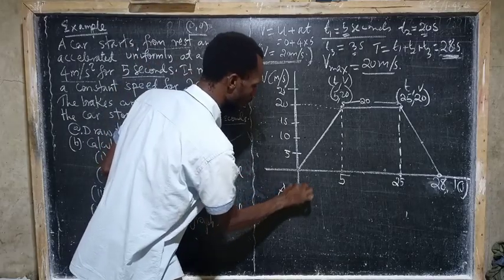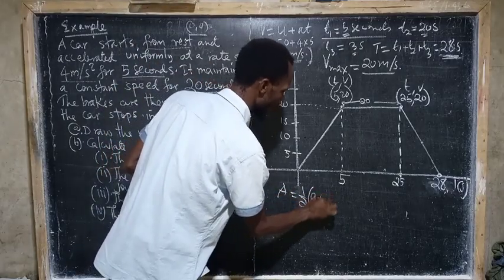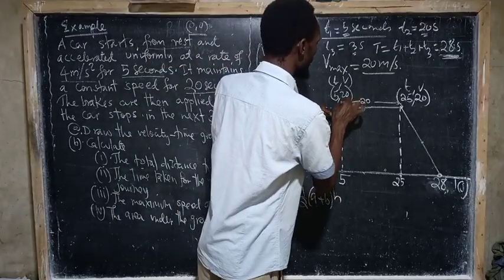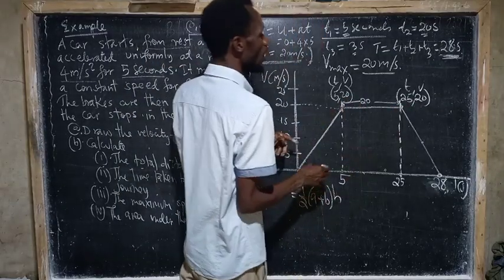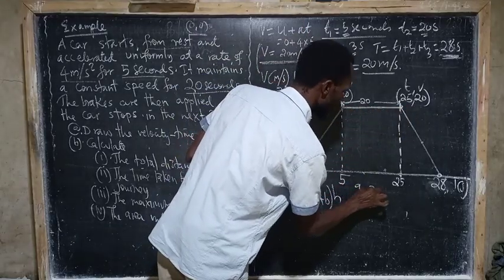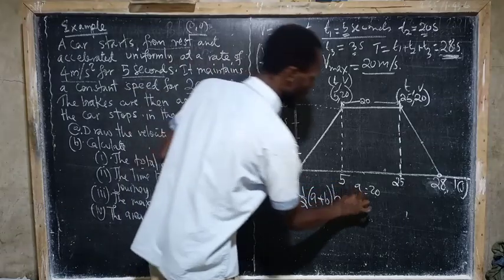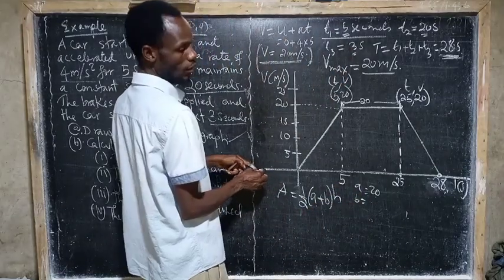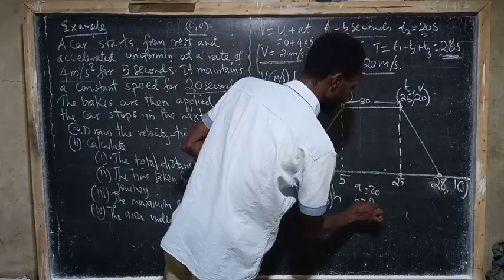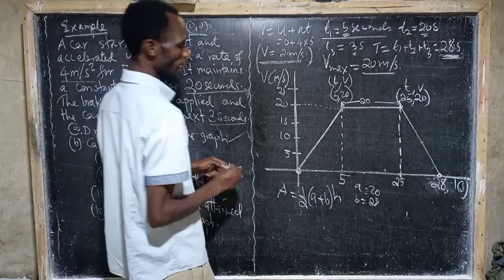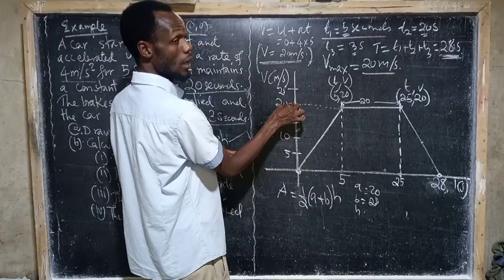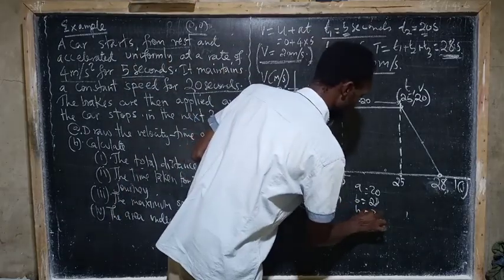Therefore, area is equal to a half times the bracket A plus B, times H. A is the total time that the boat remained at constant velocity, so A is 20. B is the total time taken for the whole journey from here to here, so B is 28. H is the maximum velocity attained by the body, which is 20.